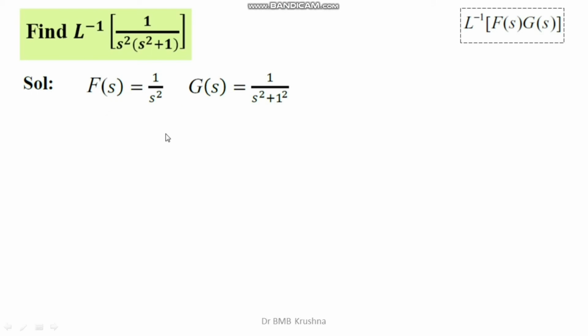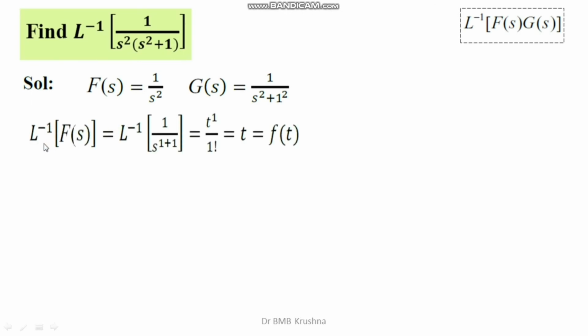Apply the inverse Laplace transform to f of s, that is L inverse of 1 by s power 1 plus 1, whose formula is t power 1 by 1 factorial, that is only t. L inverse of f of s is f of t, so we have obtained f of t as t.